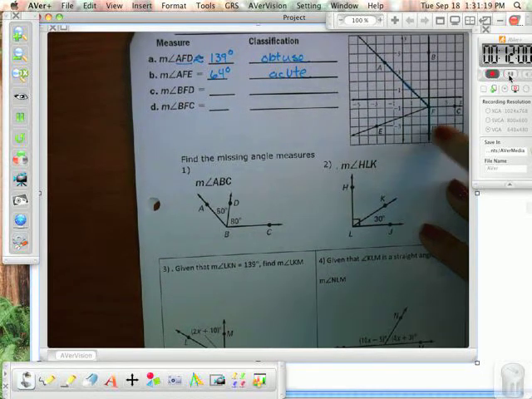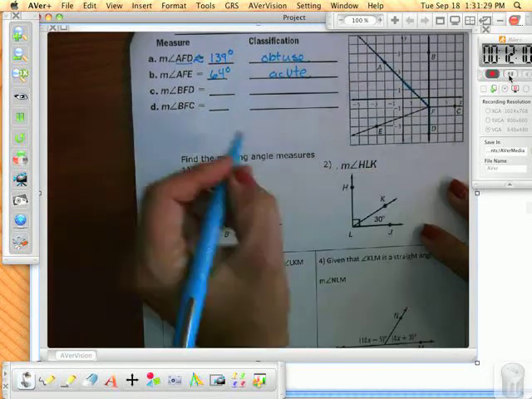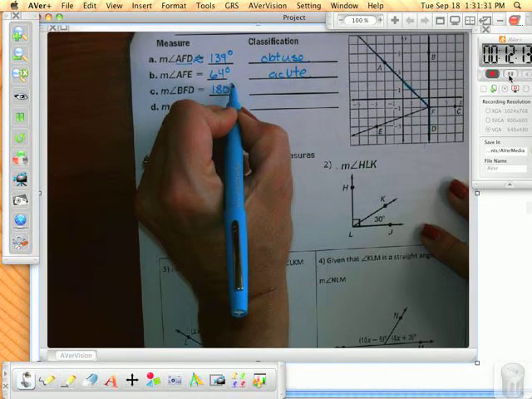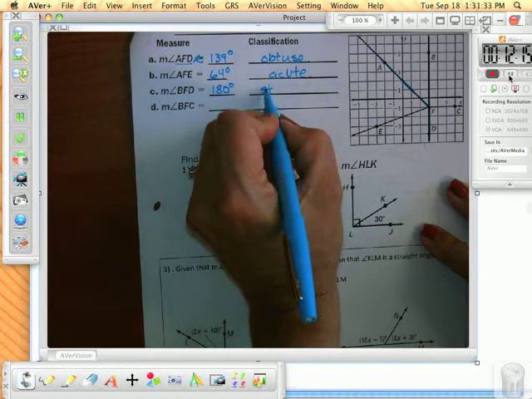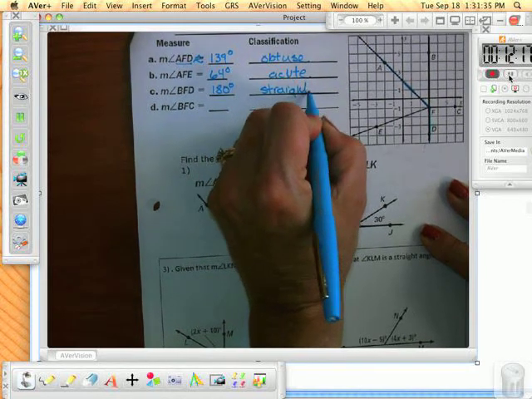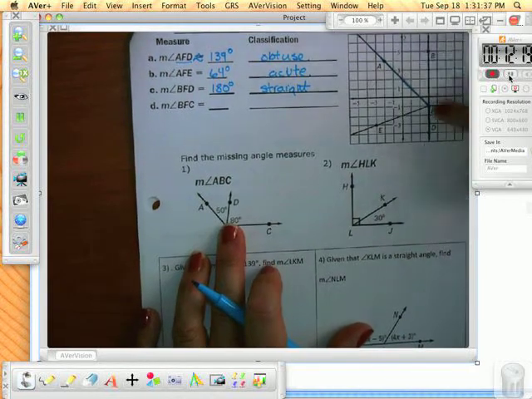Now look, BFD, what is it? It's a straight line, isn't it? So it's a straight angle, which is how many degrees? 180. It's a straight angle. Can you see it? BFD is just a straight line, so all the way around is 180.